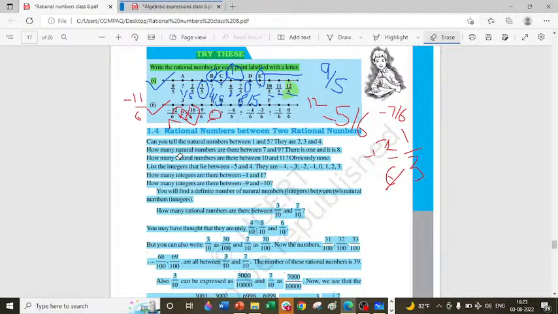So can you tell the natural numbers between 1 and 5?